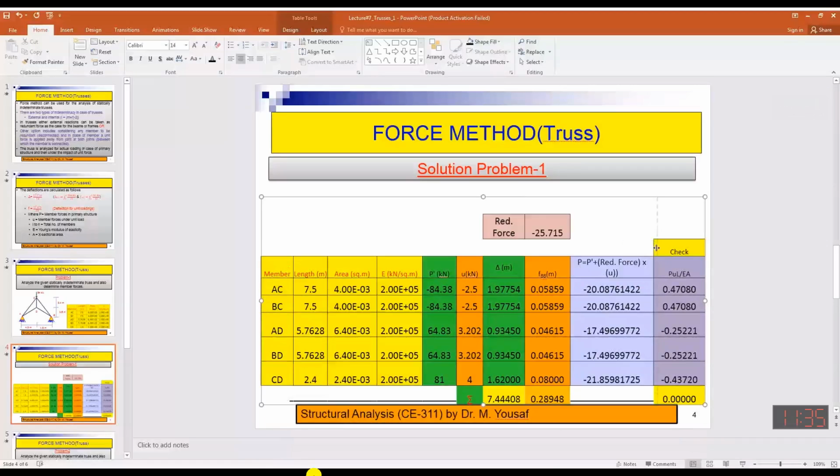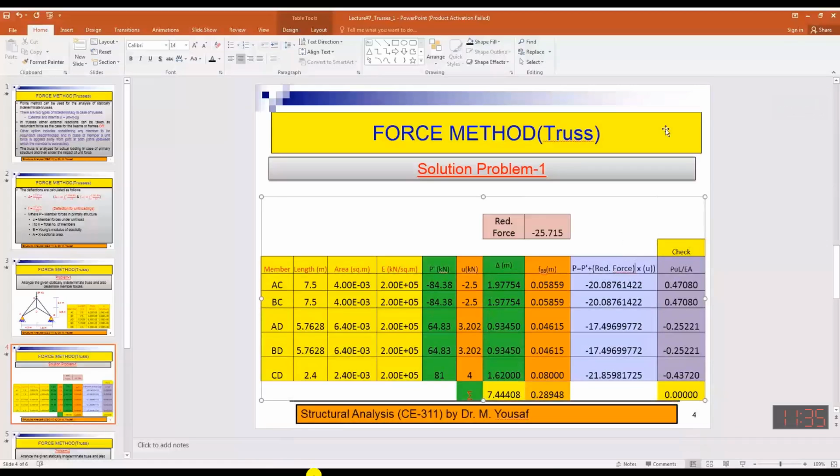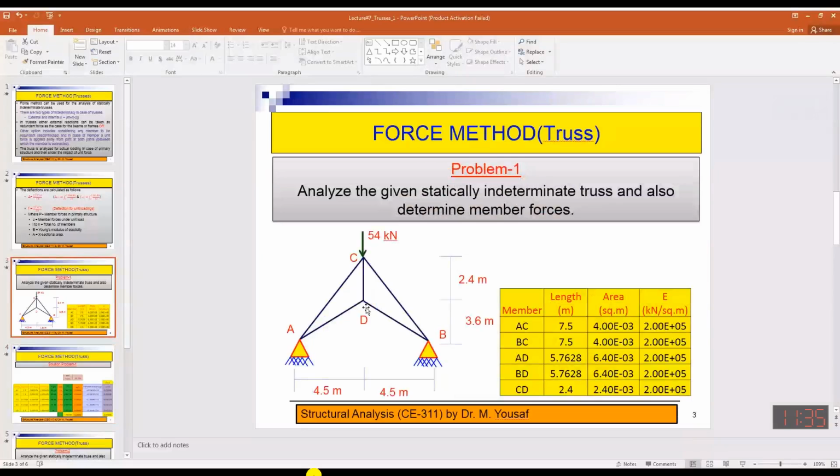Is it okay or is it not okay? Anybody? If you are having any ambiguity. Now in this case, you have broken the structure into two parts. One without redundant, that is known as primary structure, plus with redundant, and then you will be summing up both the effects under the principle of superposition.